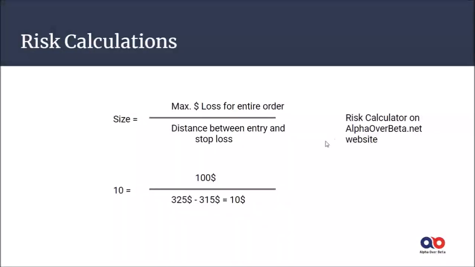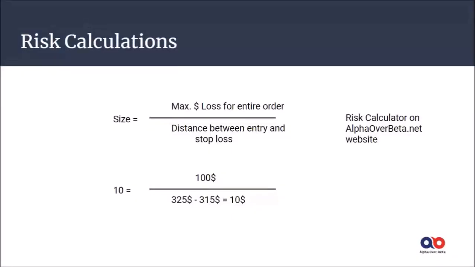All right, so the basic aspect of the formula is it determines the size of the order that you're about to issue. All right, how does it do that? You first have to establish what is the maximum dollar loss that you are willing or planning to have on the entire order.